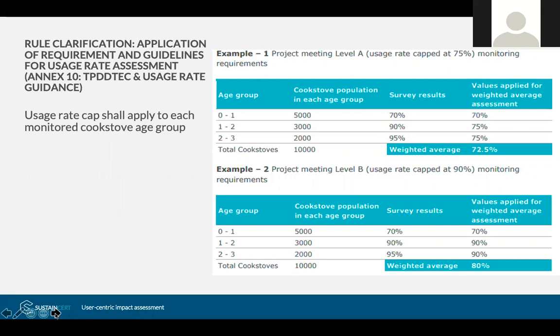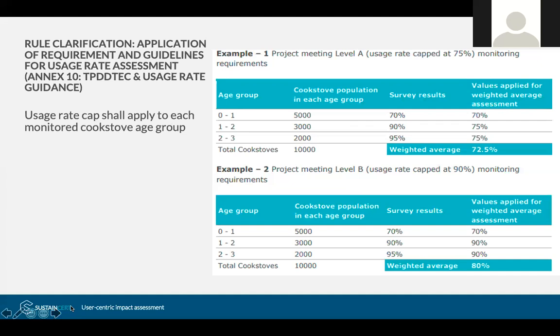But since the project is following level A monitoring, the default 75% usage rate is applied at each of the age groups. So not on the weighted average, but on each of the age groups.